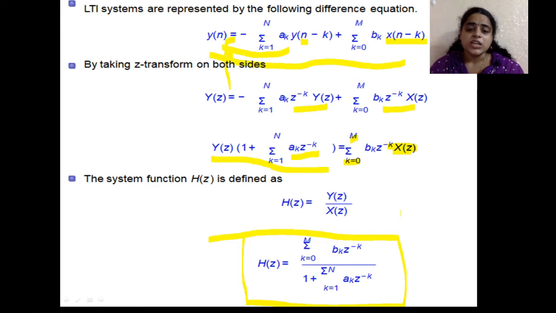This is the difference equation in terms of the Z transform for an LTI system. When both numerator and denominator are present, then that is called an IIR filter or IIR system. If only the numerator is there, then that is called an FIR filter or FIR system.